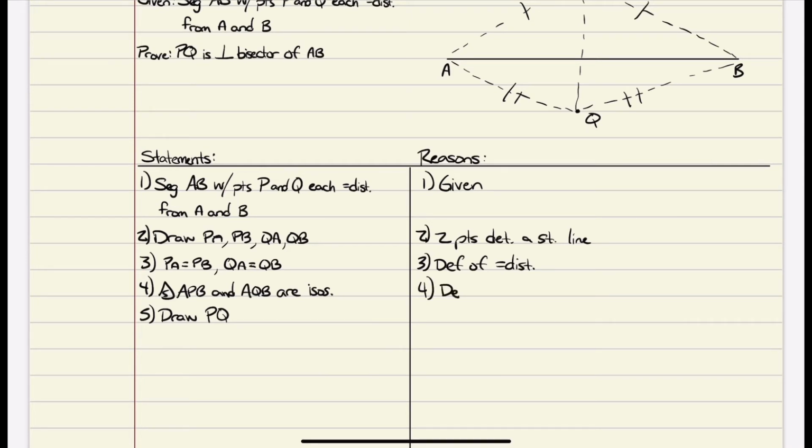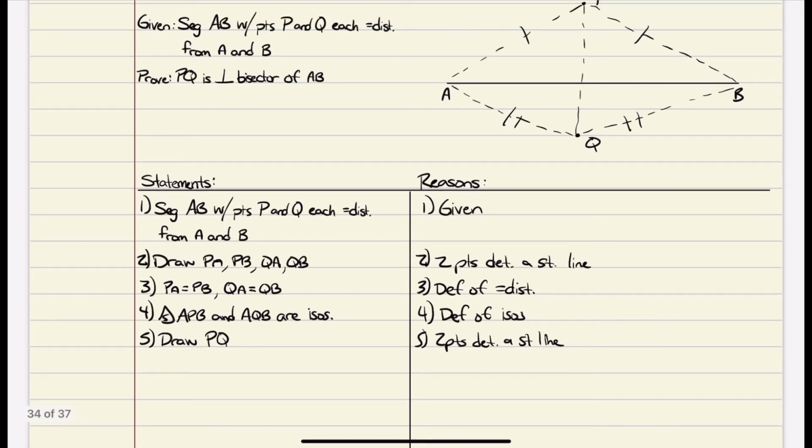Number 5, I can say 2 points determine a straight line. And obviously, if you know in advance what your proof is looking like, I could have just added draw PQ and moved it right on up to here because they both have the same reason. So if you want to save yourself writing, feel free to do that.